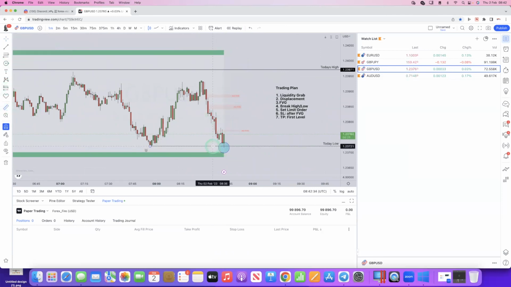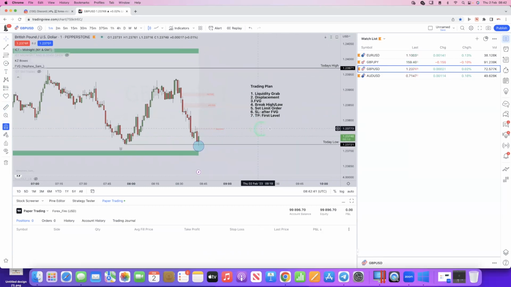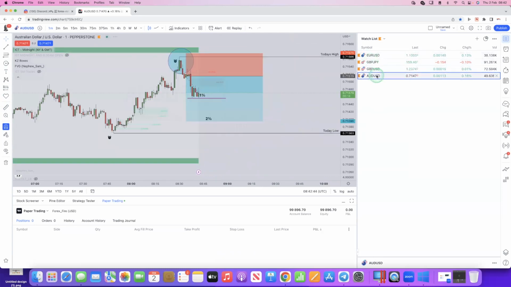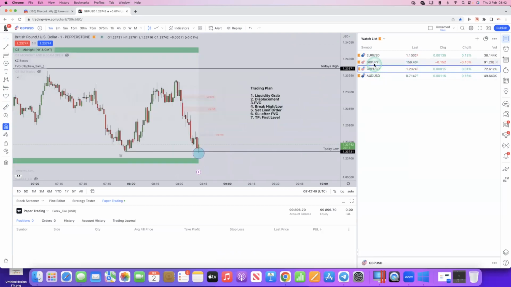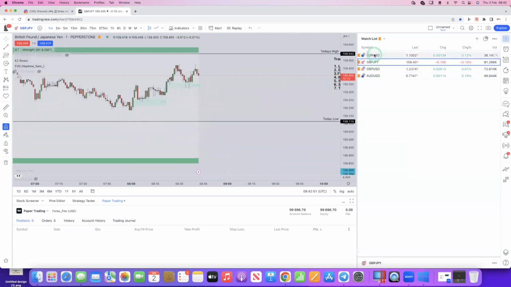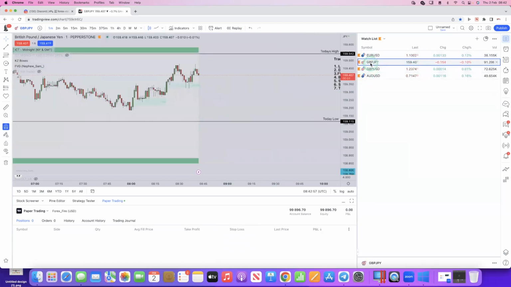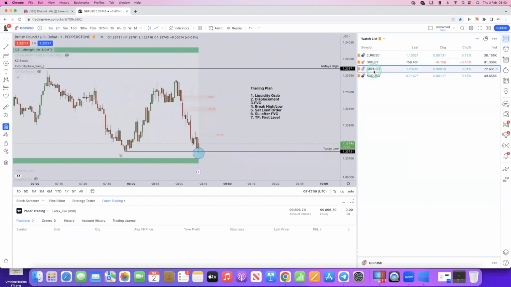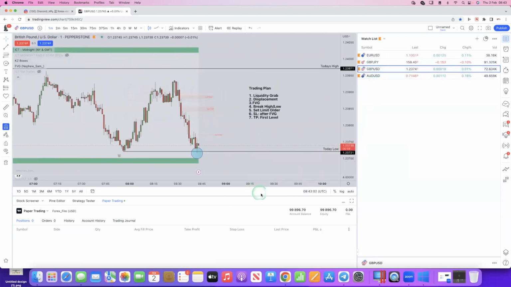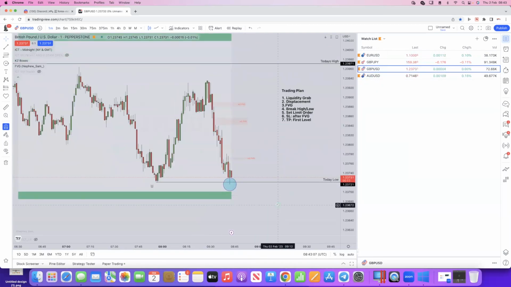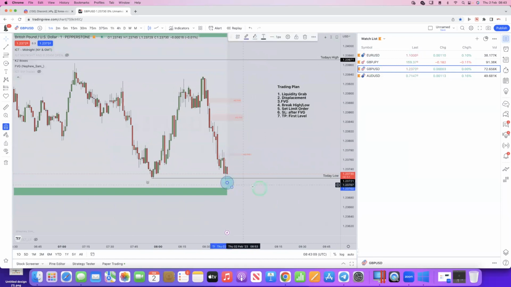Price has gone lower, not by much, and not even by a pip, to be fair. So we'll actively keep an eye on this for sure. I mean, the AUD/USD is hovering around that 1% mark. And the Euro USD and the GBP/JPY are just stuck in transition at the minute. We'll just actively watch this. We might get a push a little bit lower, to be fair.